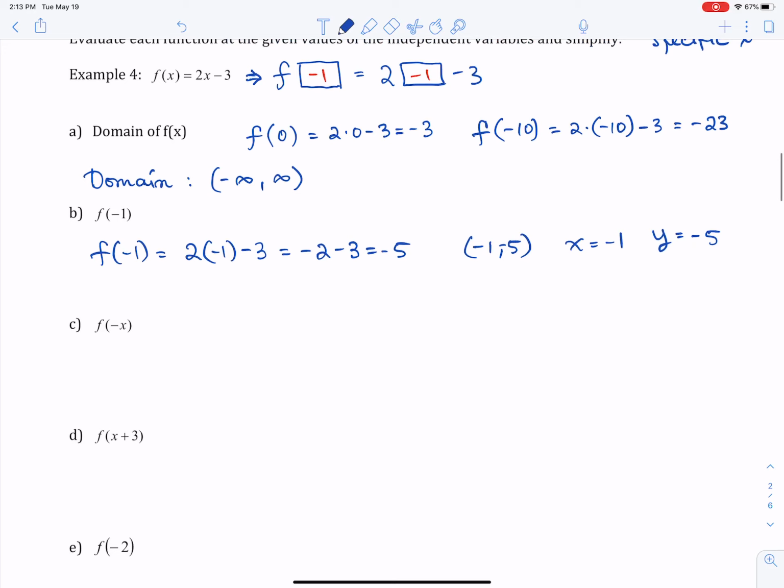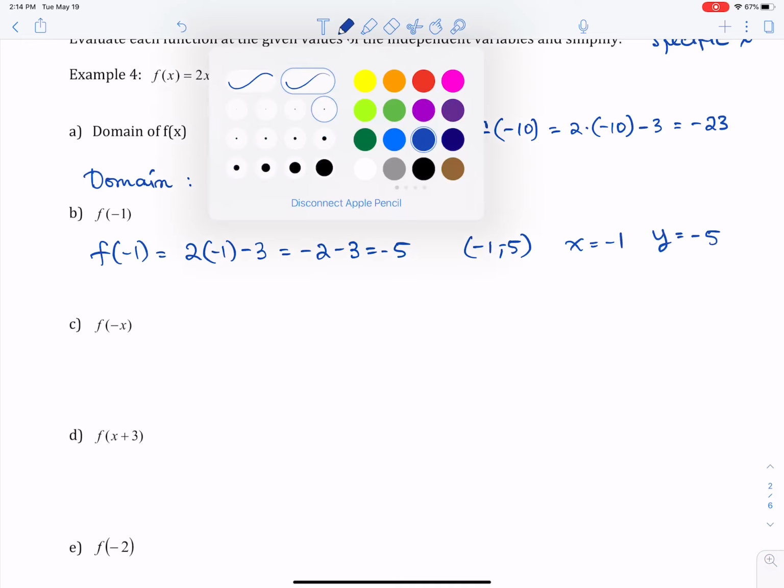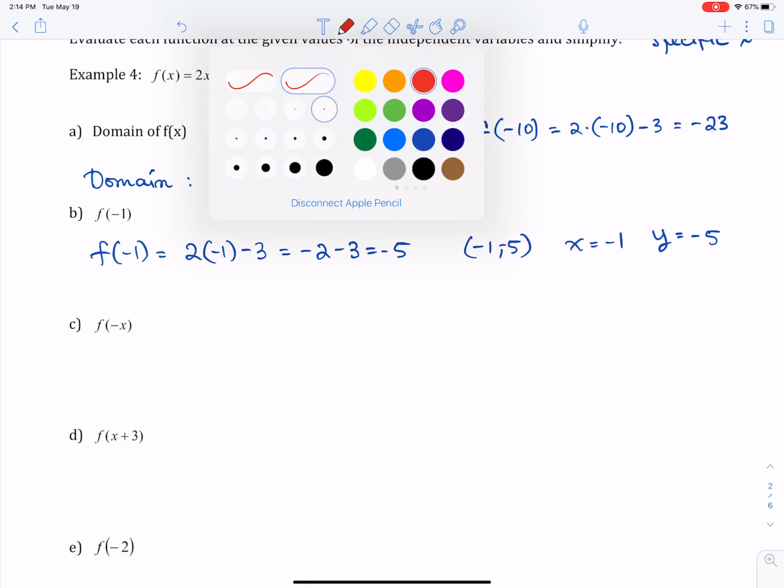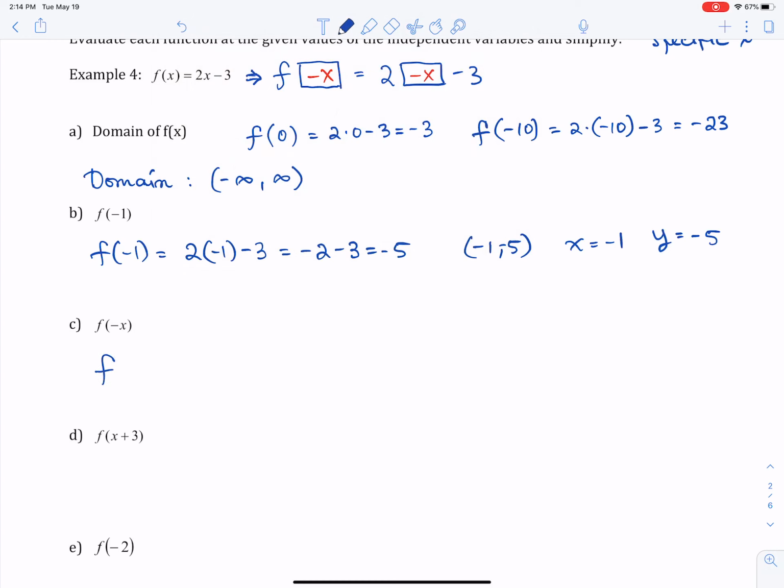Now f of -x. Well, exactly the same way in my box here. Instead of -1, I'm going to put -x and see what this machine is going to produce. Well, f of negative x is going to be 2 times negative x minus 3.